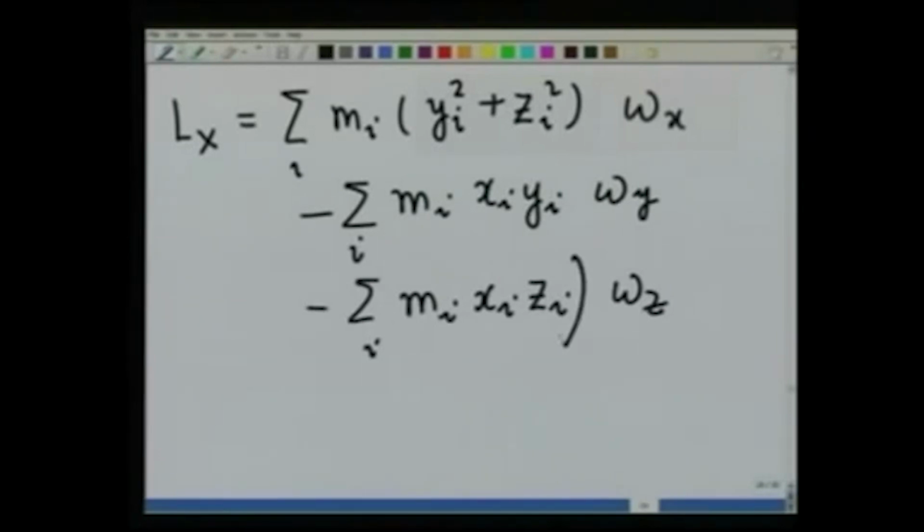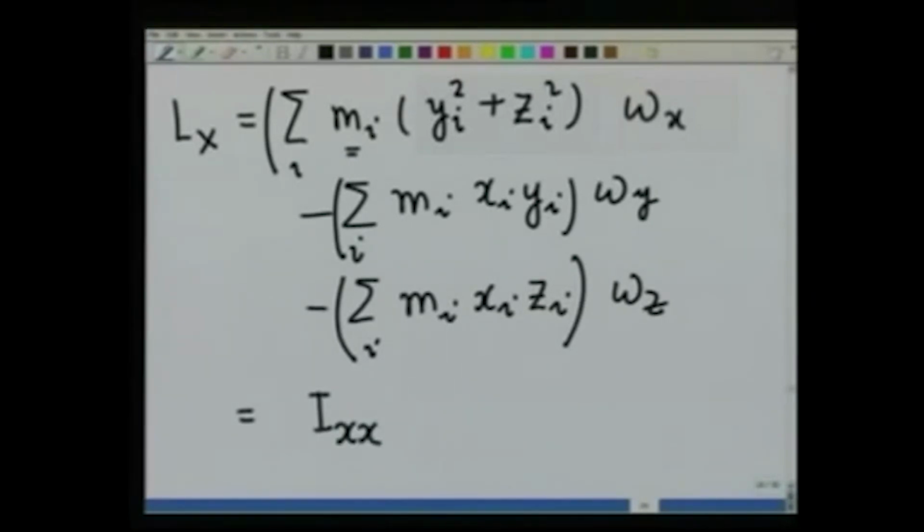Let me put these terms in brackets and identify them. You recall, yi square plus zi square is the perpendicular distance squared of the ith particle from the x axis. So, this is nothing but moment of inertia about the x axis.